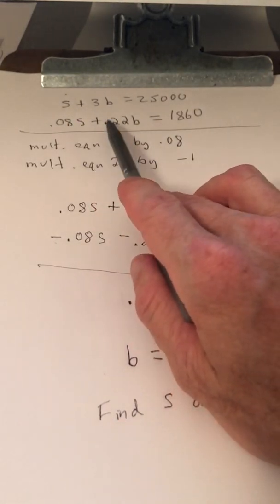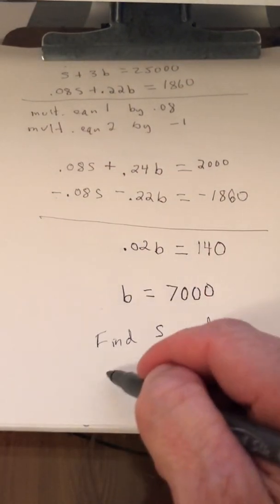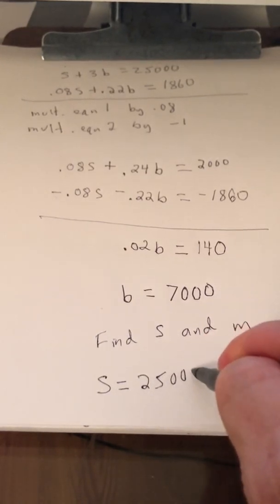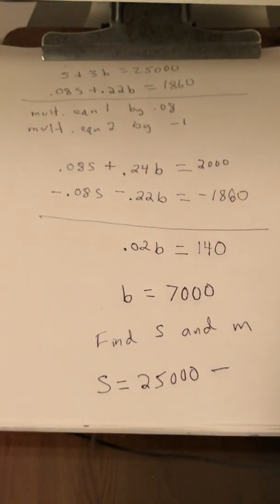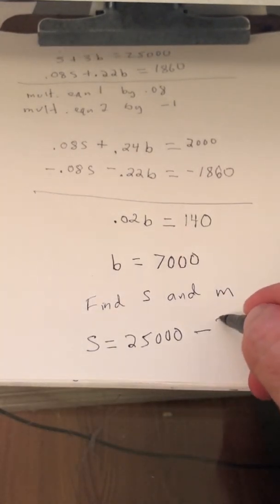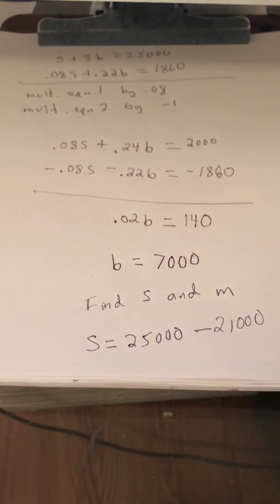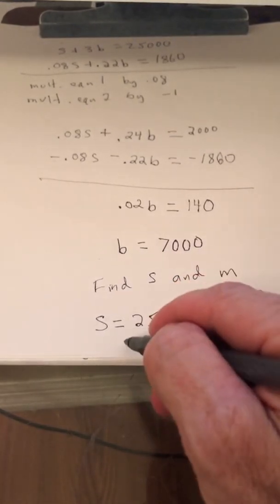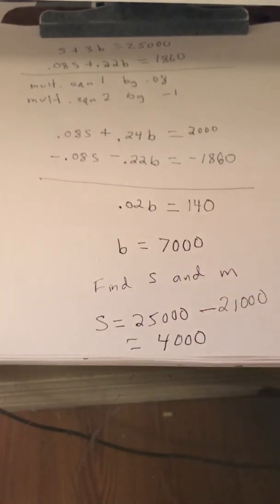We know S plus 3B is equal to 25,000, so S is equal to 25,000 minus 3B, but B is 7,000, and 3 times 7,000 is 21,000. So S is 25,000 minus 21,000, which is 4,000.